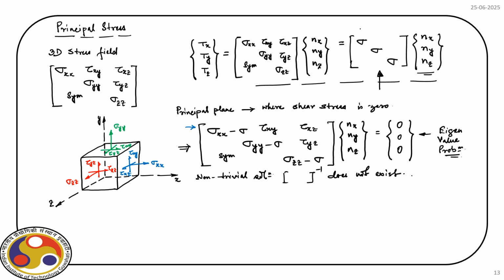Now, if you satisfy this condition, what is the outcome? Obviously, the determinant of this matrix is 0. So, we have sigma xx minus sigma, then tau xy, sigma yy minus sigma, tau xz, tau yz, then sigma zz minus sigma. Determinant of this matrix is equal to 0.